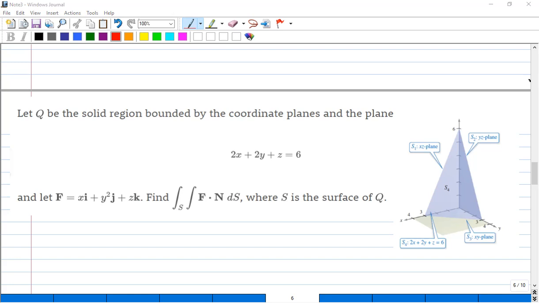However, by using the divergence theorem, we're able to make this problem a lot simpler.